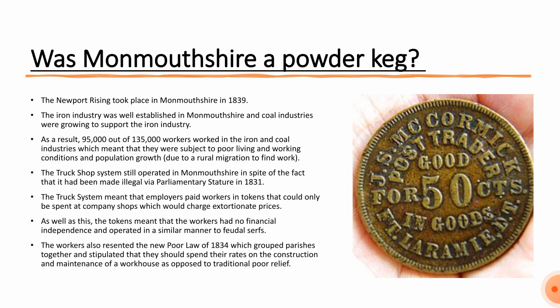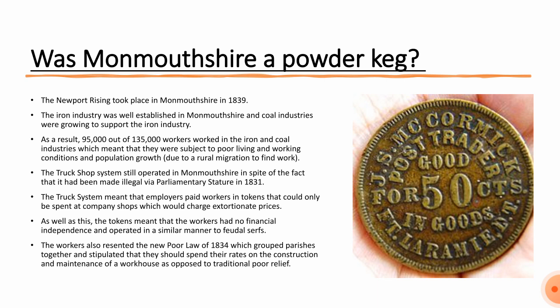As a result, 95,000 out of 135,000 workers worked in the iron and coal industries, which meant that they were subject to poor living conditions and poor work conditions. And obviously there was a great population growth in this time due to rural migration in order to find work. So people moving from rural areas to the industrial areas, because obviously there's lots of jobs in the industrial areas from the factories.